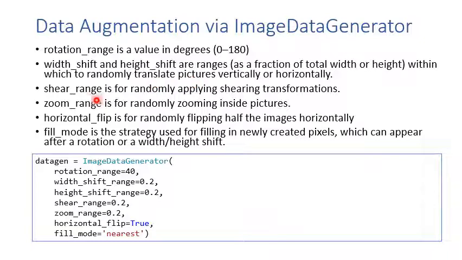We can also do the shear transform, which will randomly apply a shear transform to the images. And also we can zoom in and zoom out, and flip the images randomly. Also, we can choose the fill mode because different fill modes may generate slightly different images. So there are a lot of default functions in the ImageDataGenerator that we can use to easily augment our data.